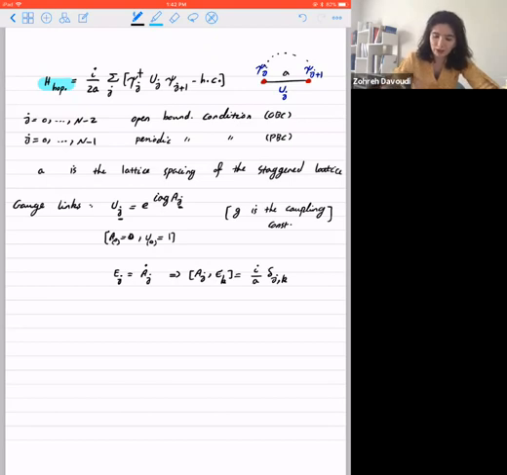Okay, so I can rewrite this as a times g times A sub j, and then 1 over g E sub k, to be just like the canonical definition of these commutations for conjugate variables. One of the reasons I did this is that if you look at the definition of U in terms of A, i times a g A, right? This factor is in the exponent of this guy.